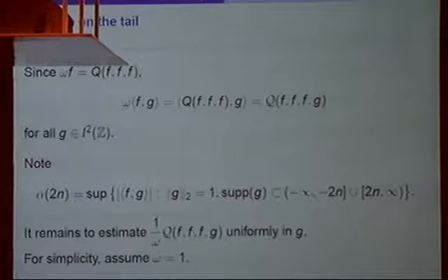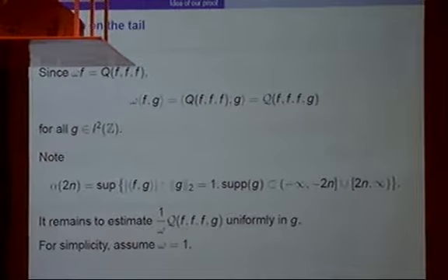And what is the inner product of f with g? That is just this one: 1 over omega squared, q of f, f, f, g. So we get a bound of this q, uniform in g. Then alpha over 2n is bounded by whatever we have for this uniform bound.